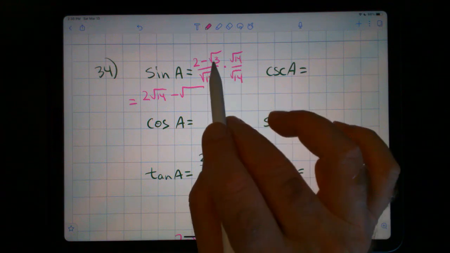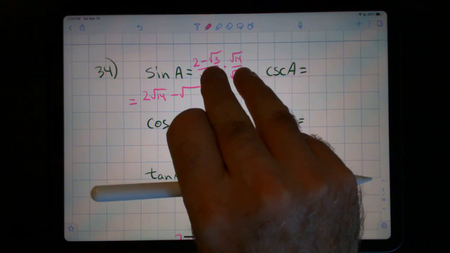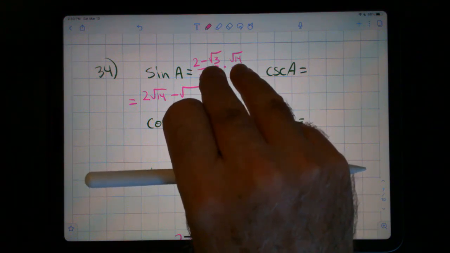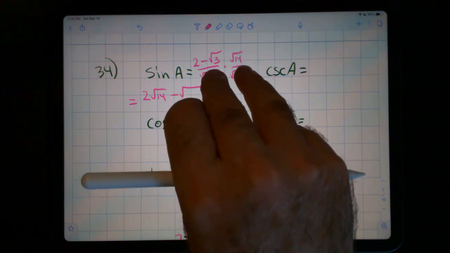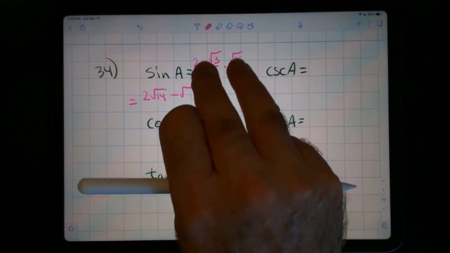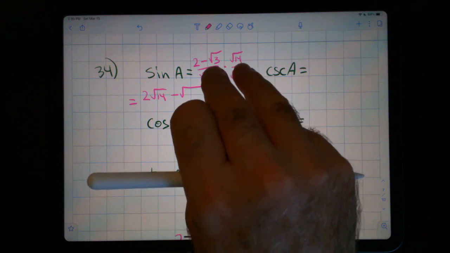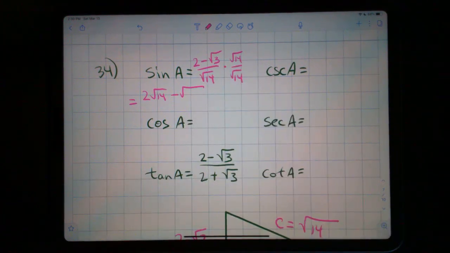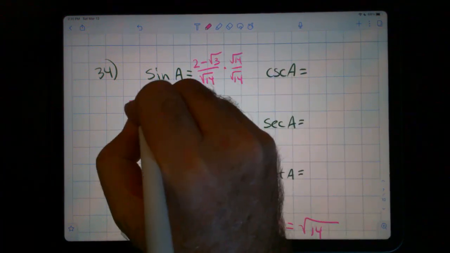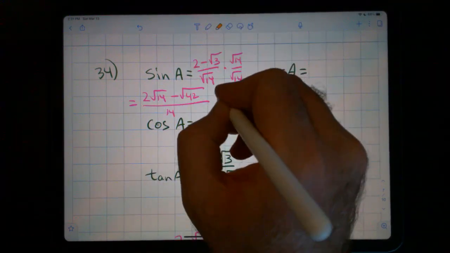Those are prime numbers, and 3 is a prime number. So this product cannot be further simplified under the radical. And when you're multiplying radicals with the same indices, you're going to multiply the radicands, meaning these are both square roots, so the index matches. So just multiply what's underneath the radical bar. 14 times 3, that's 42. And that's about all you can do with the sine.